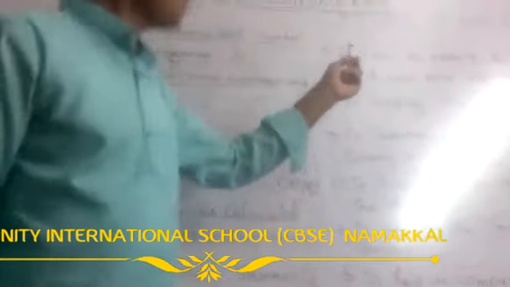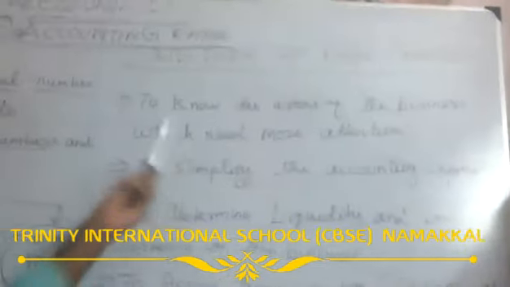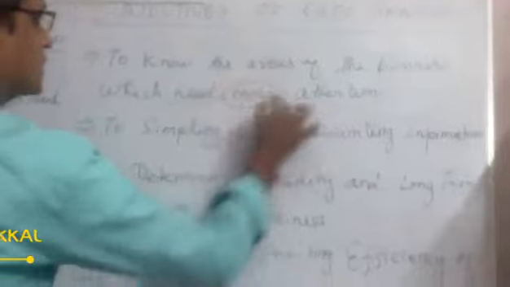Now, what are the objectives of ratio analysis? What is the main objective of an accounting ratio? The first objective is to know the areas of the business which need more attention. Whenever we run a business, we should know which area is very important, where to concentrate and what the requirement is, so accordingly our attention will be more.